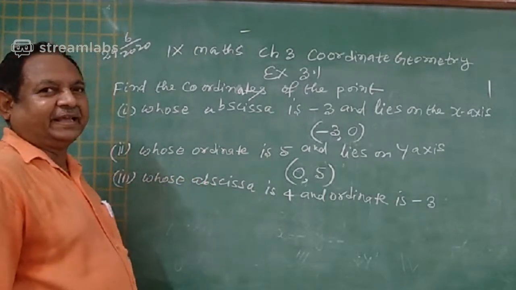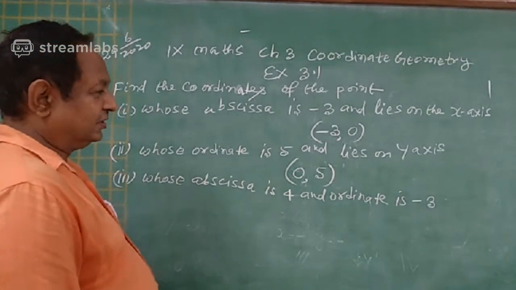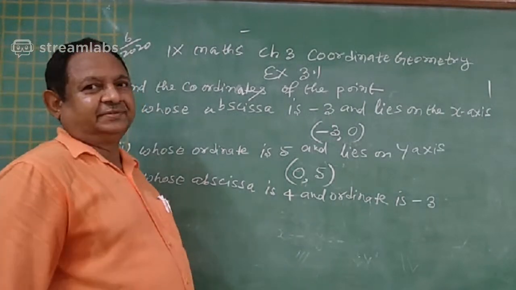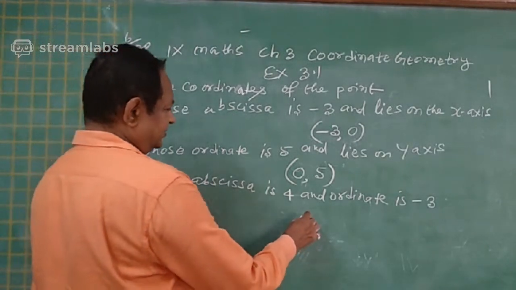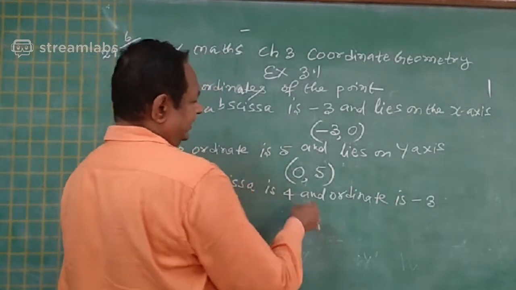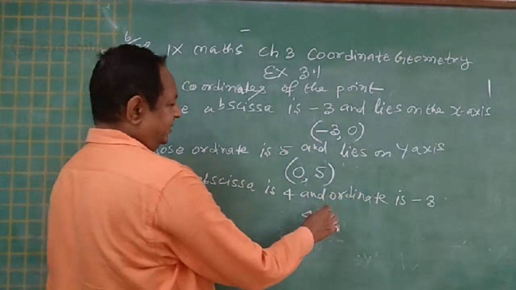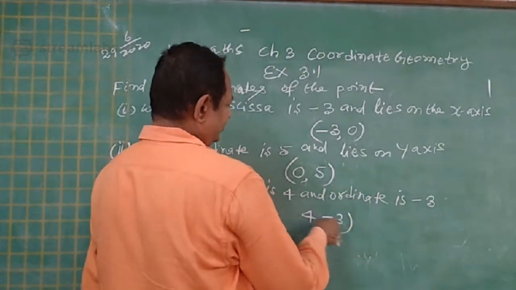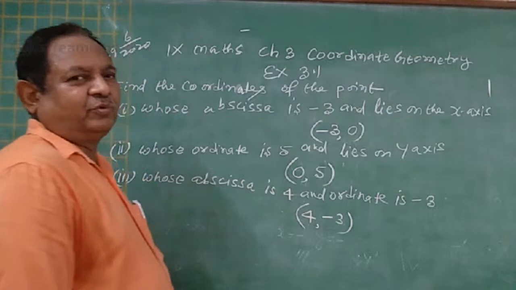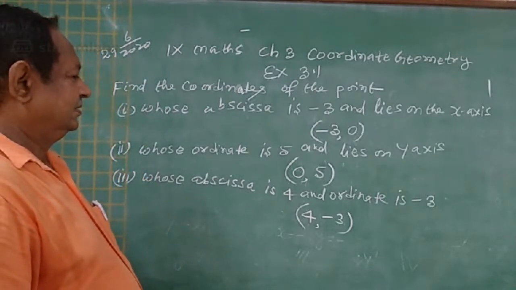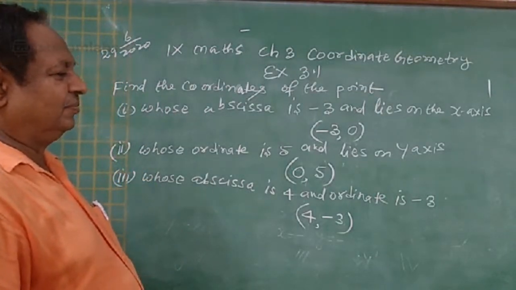Abscissa means x-coordinate. In our ordered pair, we always represent x-coordinate, that is 4, and then y-coordinate, that is -3. So the coordinate of the given point will be 4, -3.